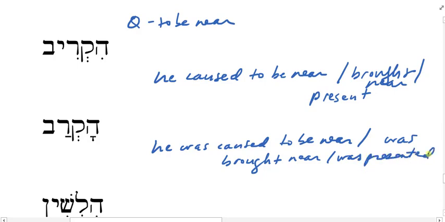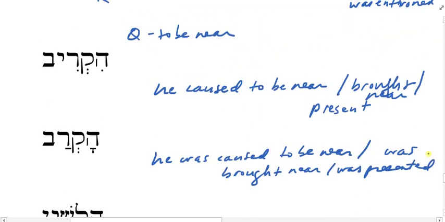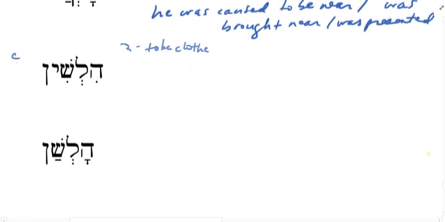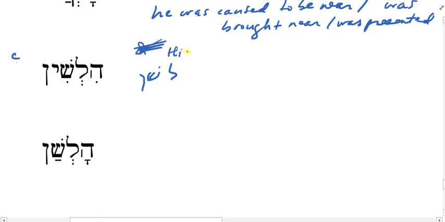Last verb form. Okay, I'm not going to write Hophal perfect 3ms for all these, all right? All right. So what does lashon mean? Lamed shin nun, what does it mean in the Hiphil? To slander. This is a denominative verb in the Hiphil from lashon, which means tongue.